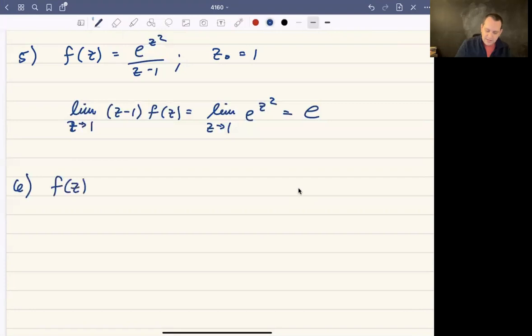And then as our last example of computing residues, let's look at e to the z squared over (z minus 1) squared, where we're going to look at the residue of that function at 1.